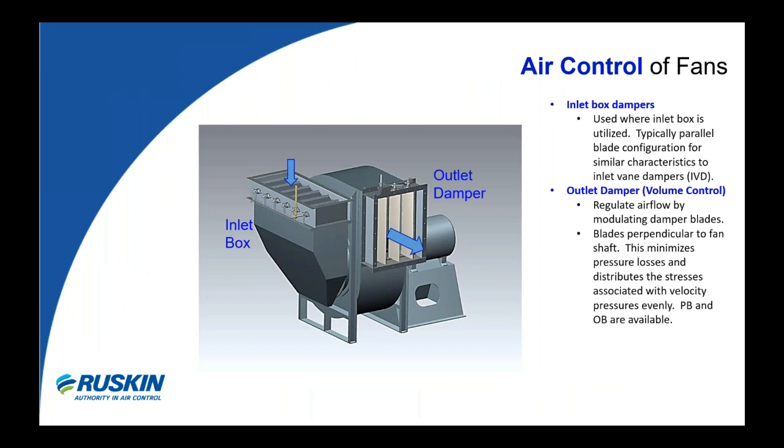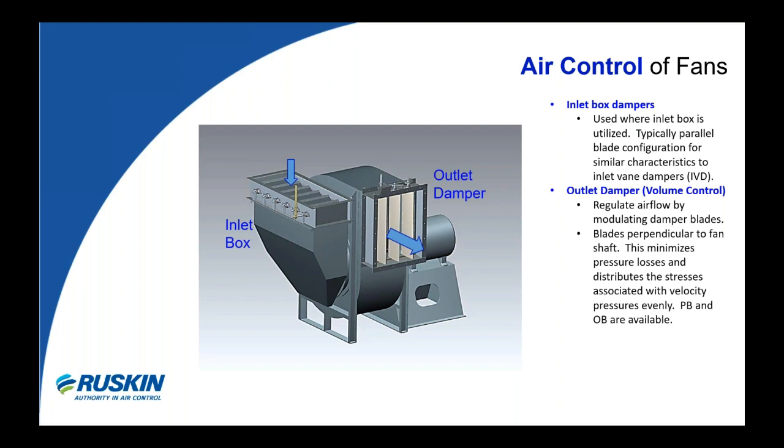On the outlet side of the fan, dampers are used to regulate airflow by modulating the damper blades using actuation. These dampers are seen mounted to the fan with blades running horizontally and also sometimes with blades running vertically. Vertically mounted blades do tend to minimize pressure losses and they distribute the stresses associated with velocity pressures evenly across the damper.